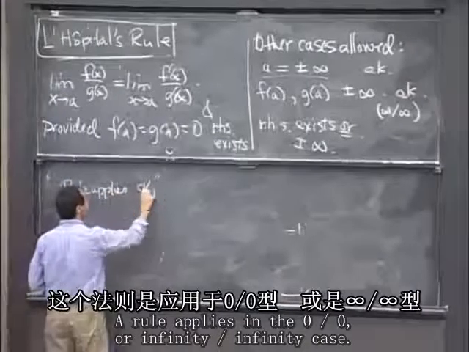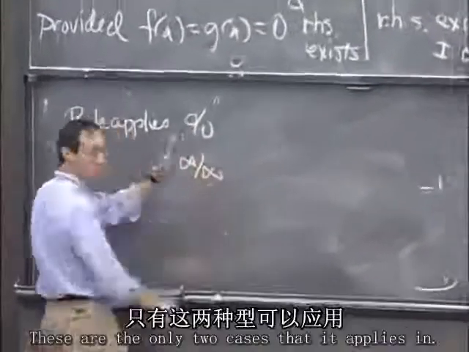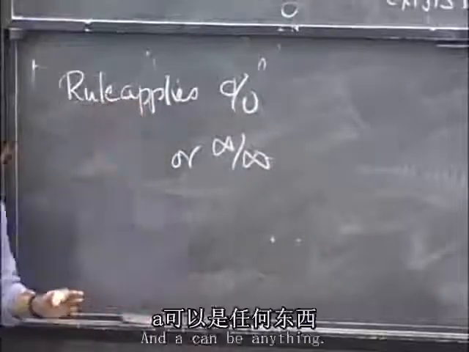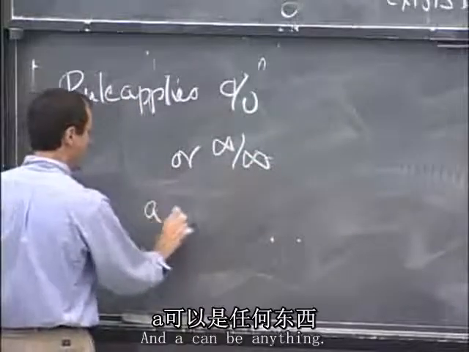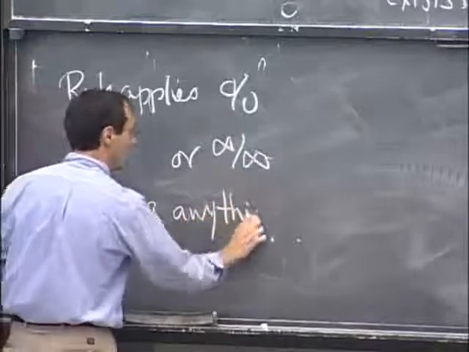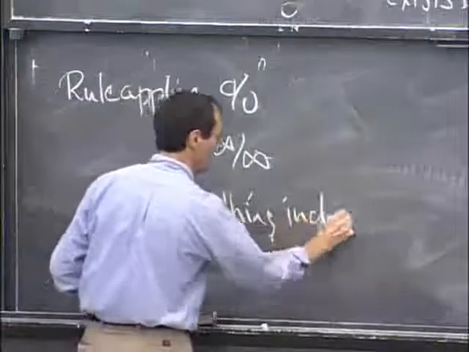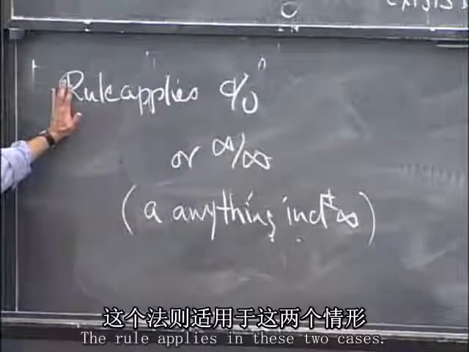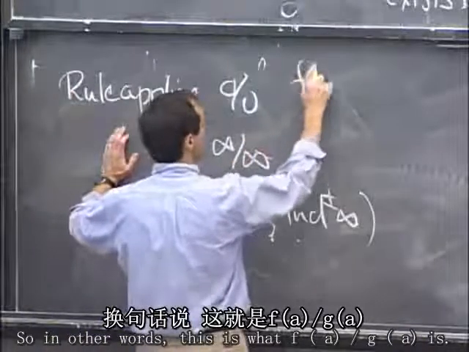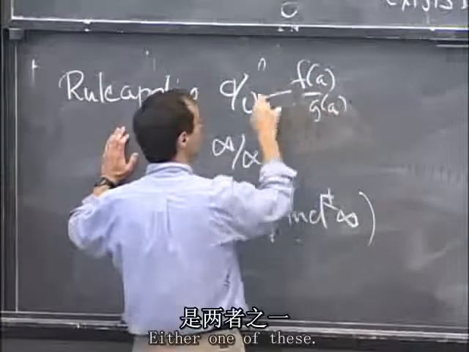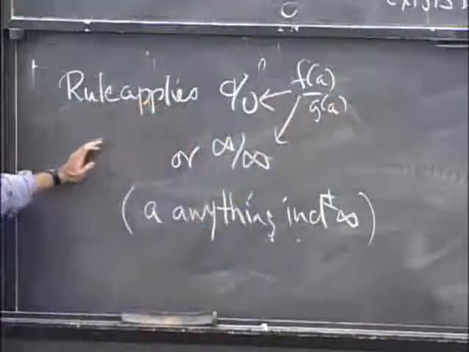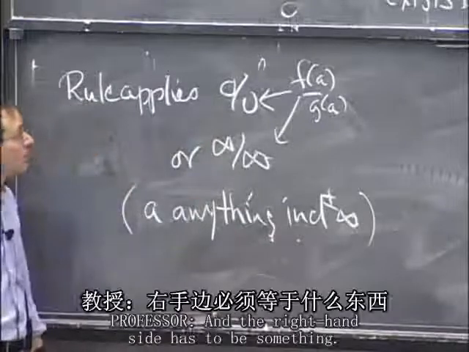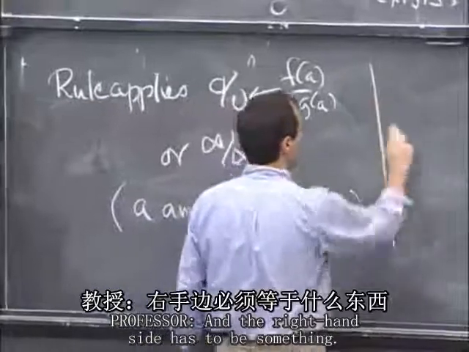So let's see. The rule applies in the 0 over 0 or infinity over infinity case. These are the only two cases that it applies in. Okay? And a can be anything, including plus or minus infinity. Okay, the rule applies in these two cases. So in other words, this is what f of a over g of a is, either one of these. And in fact, it can be plus or minus. And the right-hand side has to be something.